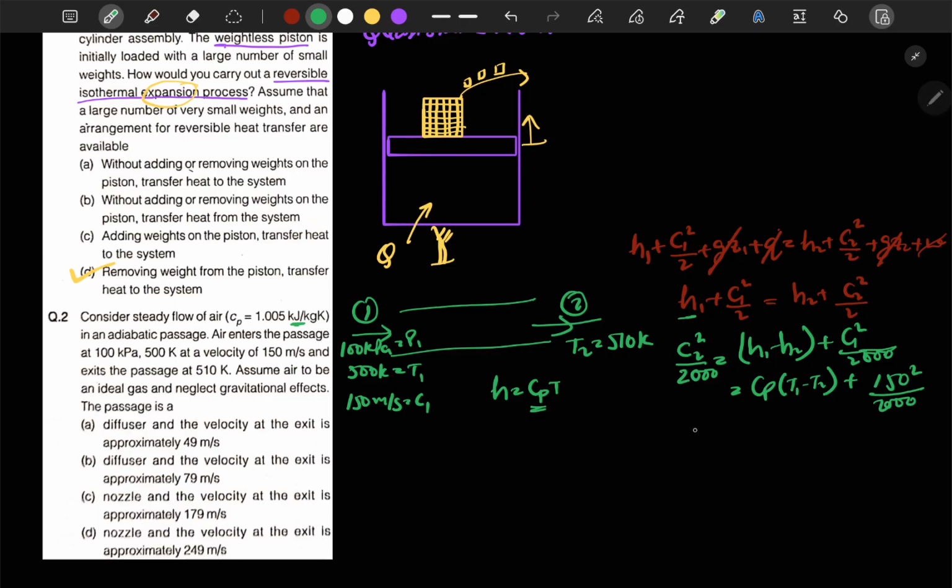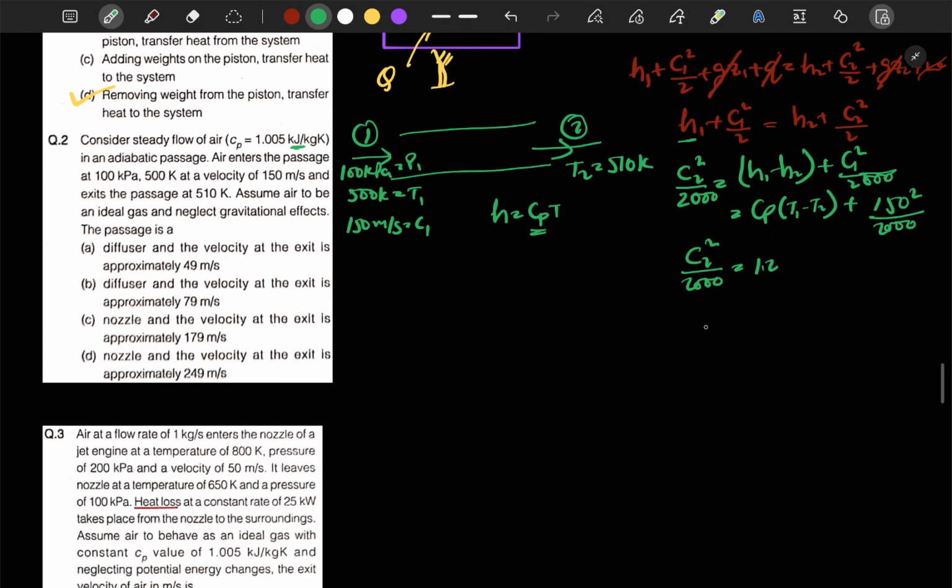We get C2 square by 2000 equal to 1.2, and we multiply by 2000, then take the square root, so we get C2 equal to 48.98 or 48.99 meter per second. So we get the answer 49 meter per second, and only this option is available, so it will be the correct option.